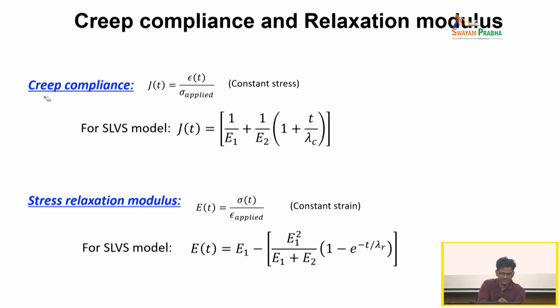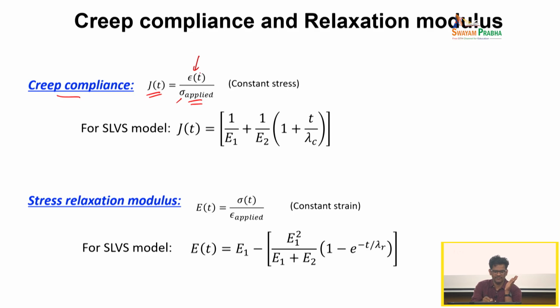Okay. Now, we also define a few other terminologies called creep compliance. Creep compliance with this notation G of t is defined as the ratio between the strain of the creep test divided by how much stress is applied.